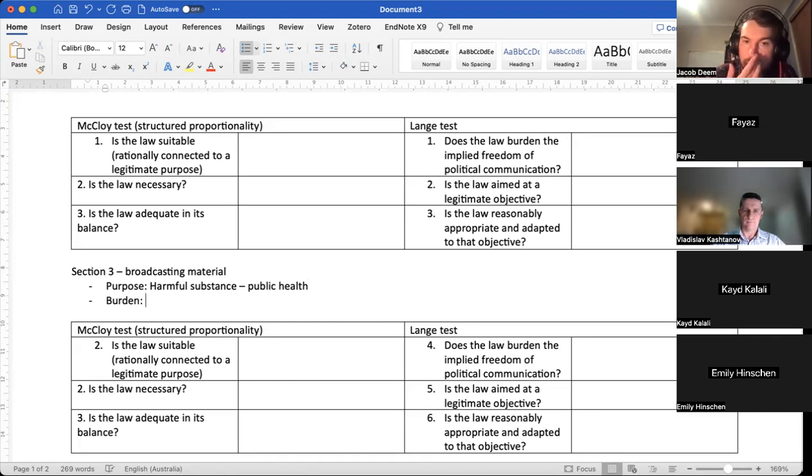What burden does it place on members of the public? And I think, maybe judging by the silence, we might be overthinking this one. The burden is it restricts free political communication.